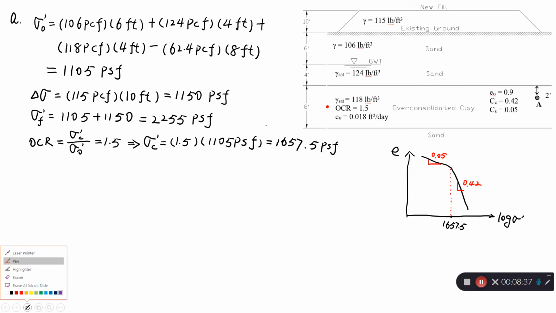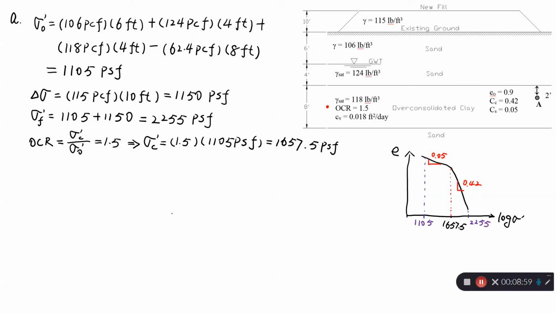And then the initial stress is less than the pre-consolidation stress, so it's 1105, and the final stress is greater than that. The final stress is 2255. Okay, so that's case 3.